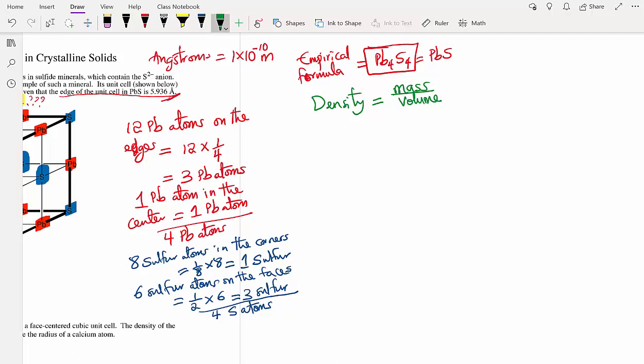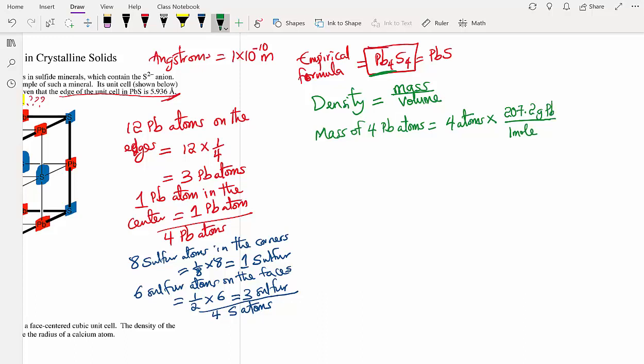We have 4 lead atoms in the unit cell. So, the mass of 4 lead atoms will be equal to 4 atoms of lead multiplied by 1 mole of lead atoms will have a mass of 207.2 grams.